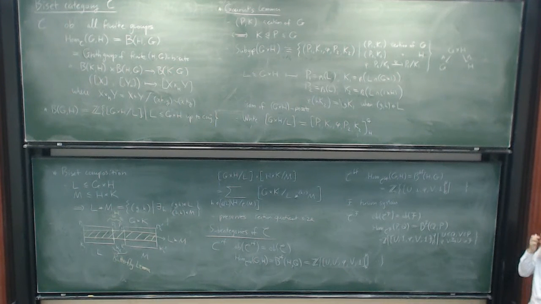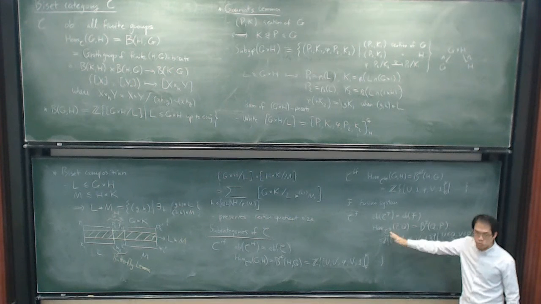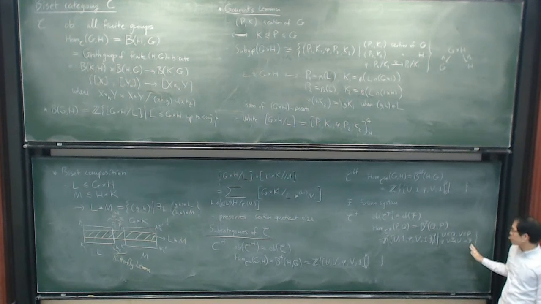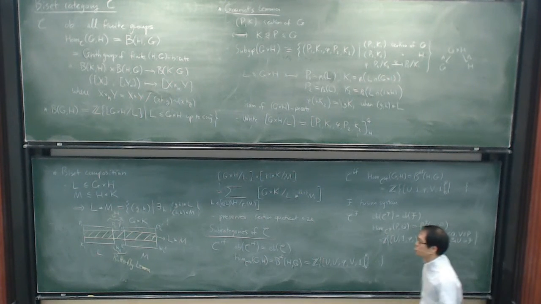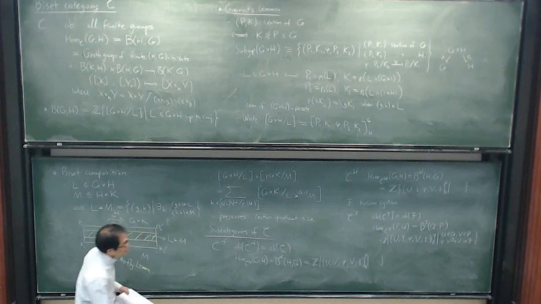And the axioms of fusion systems imply that this forms a subcategory. It's almost like the axioms of fusion systems are designed so that this is a subcategory, if you go through the check.